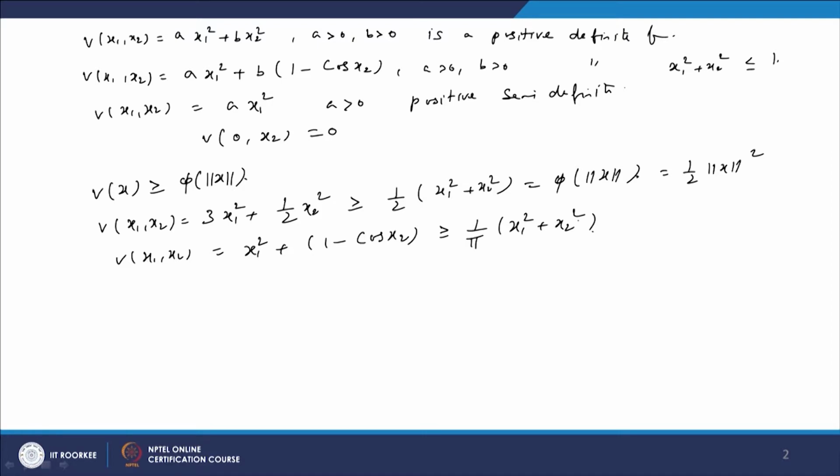For theorem 1, we consider how to find a Lyapunov function. If we consider the system x1 dot equal to x2 and x2 dot equal to minus alpha times x1 minus beta times x2, then 0 0 is an equilibrium point.